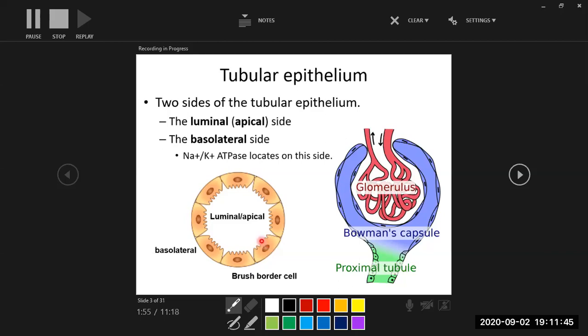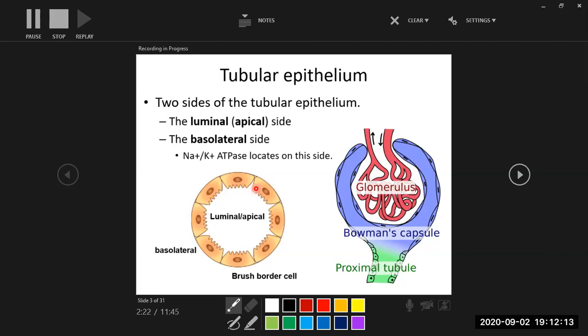Basically, it's molecular movement. They are all initiated here in the luminal side, the apical side. So that is the terminology. When we talk about the luminal side or the apical side, the first image in your brain is that this is the side that faces the urine, okay?